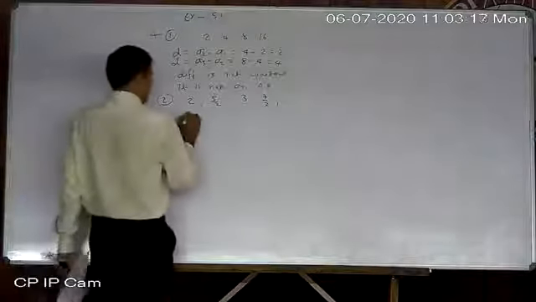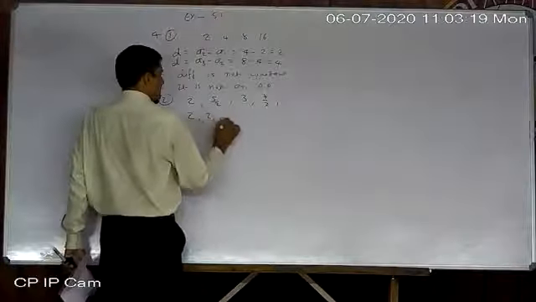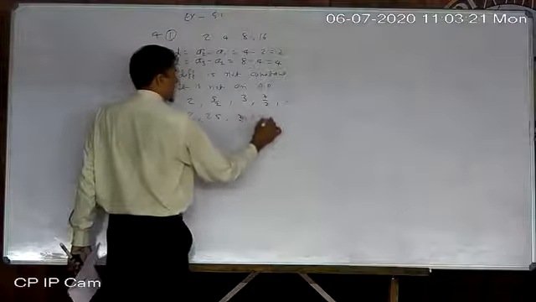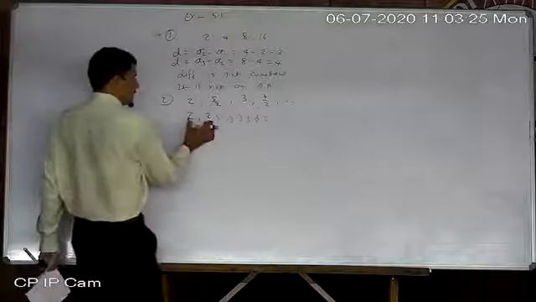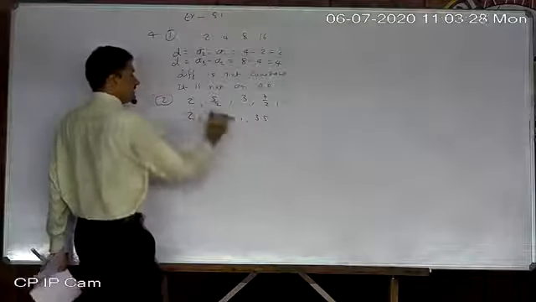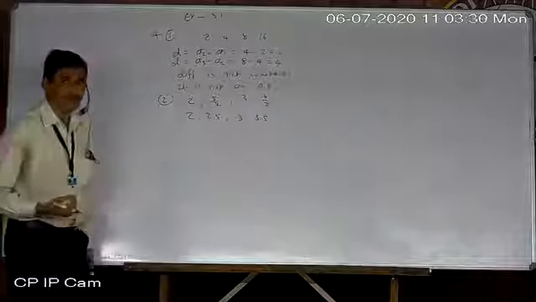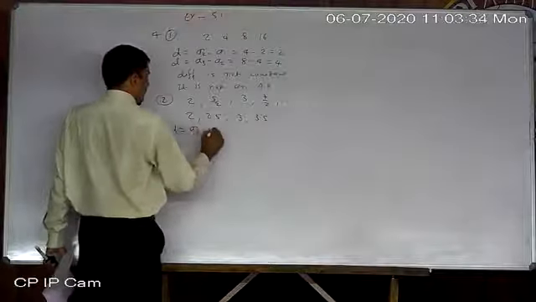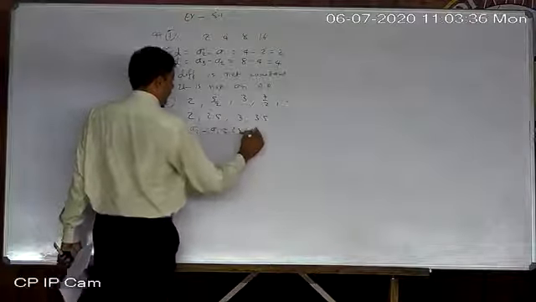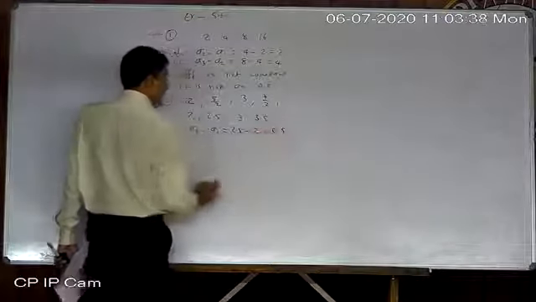So I convert that into decimal form. Now very easily you can say it is an arithmetic progression. Why? Because the difference between 2 consecutive terms is 0.5. So write down D equal to A2 minus A1 equal to 2.5 minus 2 equal to 0.5.